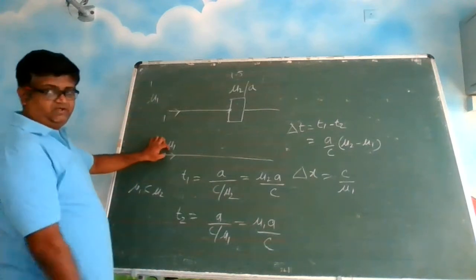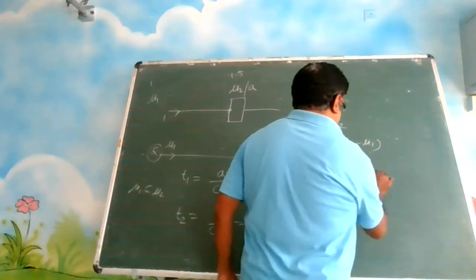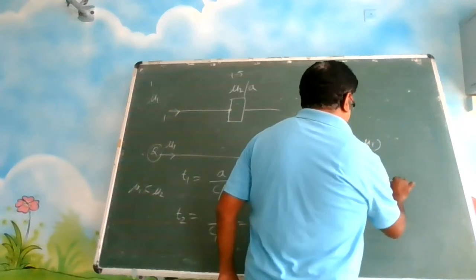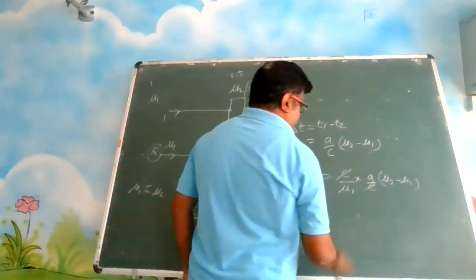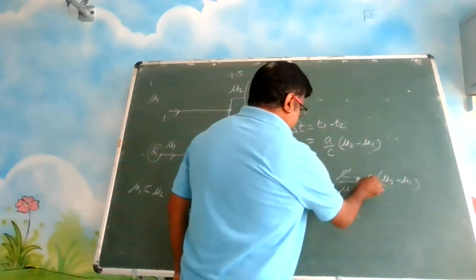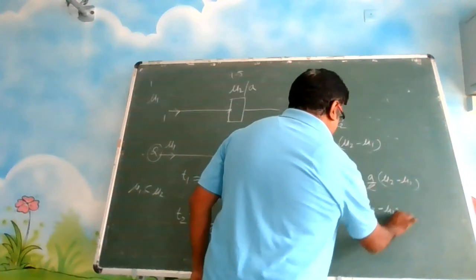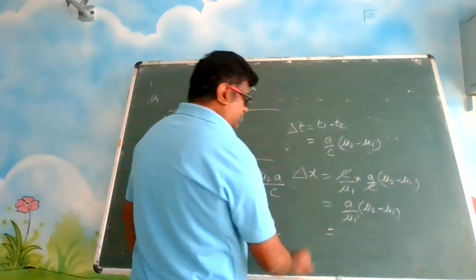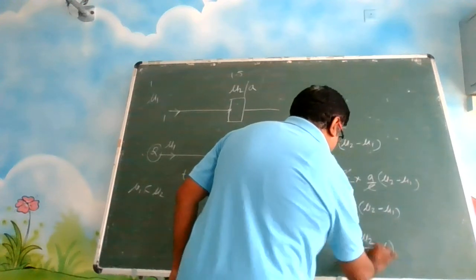So C divided by mu 1 multiplied by the time, A by C into mu 2 minus mu 1. C gone. It is A divided by mu 1 into mu 2 minus mu 1. Mu 1 take it inside. It is A into mu 2 by mu 1 minus 1.